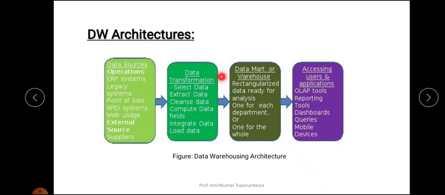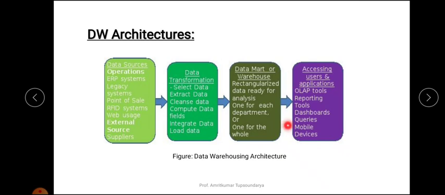The third element, that is the data mart or the data warehouse, is the method of regularly and accurately loading the data into the data marts or the data warehouse.